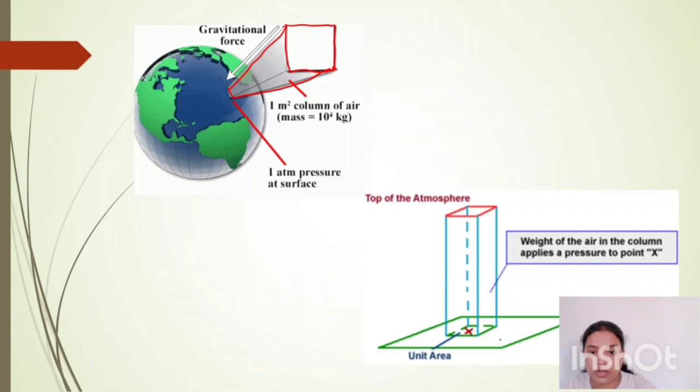This is my surface of earth, and this column is completely filled with air. This air is going to apply pressure on this surface, and that is known as atmospheric pressure. It is written as P_A, atmospheric pressure. Unit of atmospheric pressure: bar.